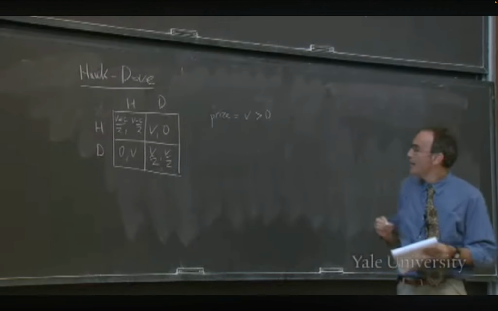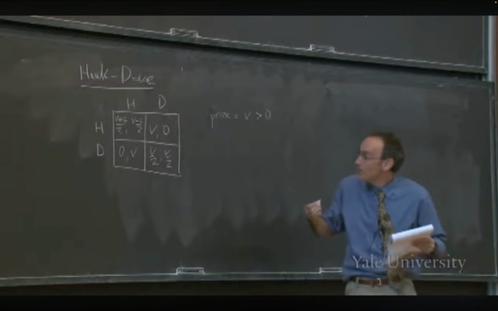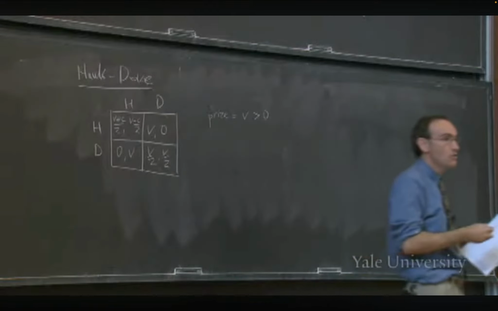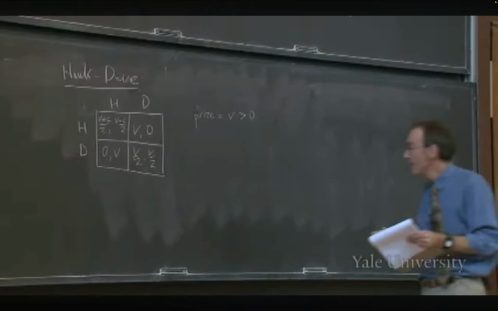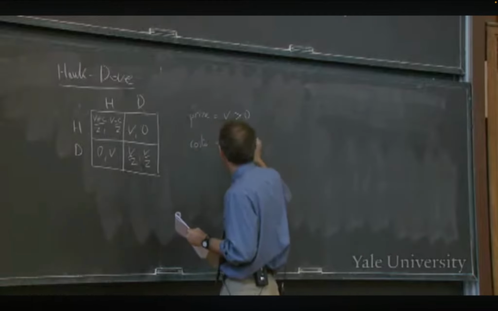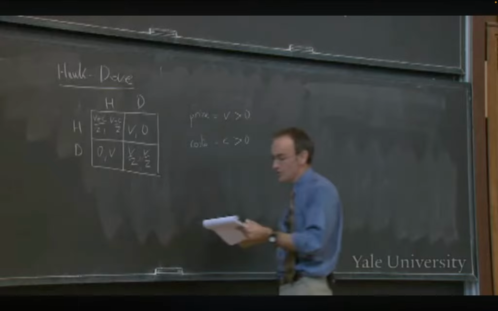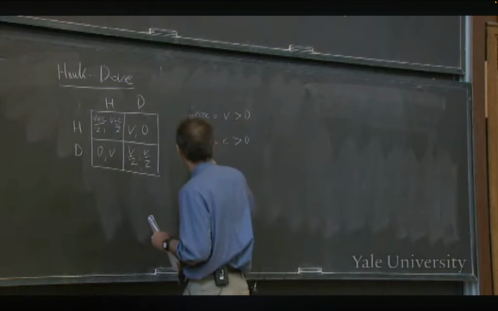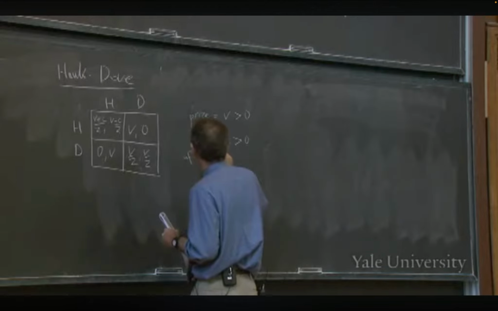Right? And unfortunately, if the animals fight, so if the hawk meets another hawk and they fight one another, then there are costs of fighting. So the costs of fighting are C, and again, we'll assume that they're positive. All right?